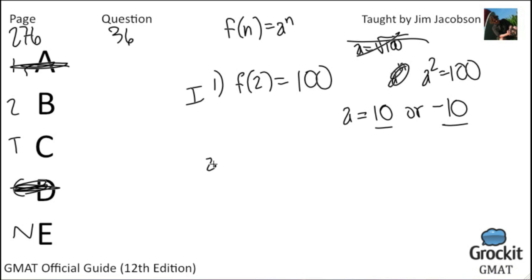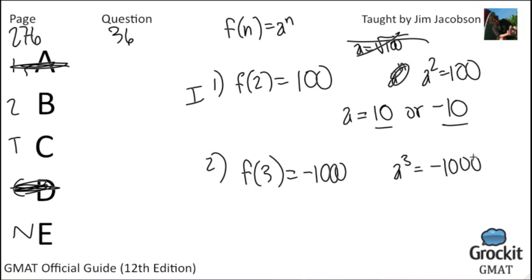Let's take a look at statement number 2. So this time we have f of 3 equals negative 1,000. So that tells us that a cubed equals negative 1,000. It's important to remember that the only way you can raise a number to an exponent and get a negative number is if it is a negative number and you're raising it to an odd numbered exponent. 3 is definitely an odd numbered exponent, which means the initial constant must be negative.